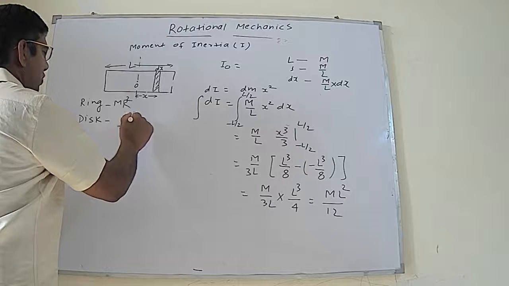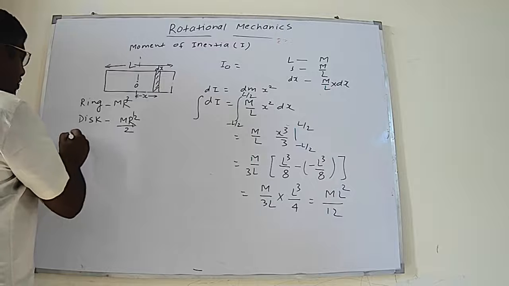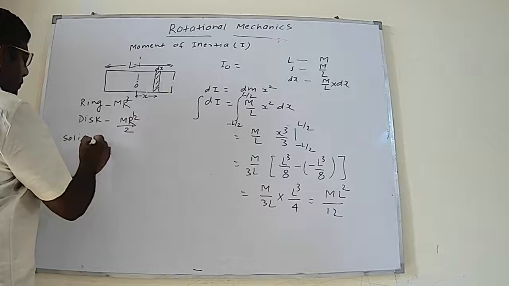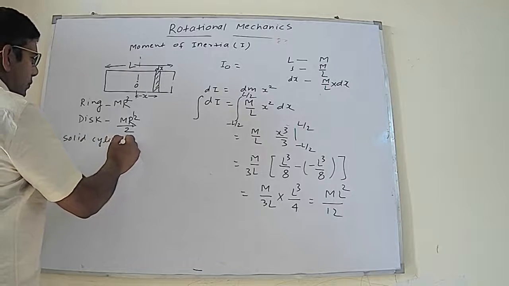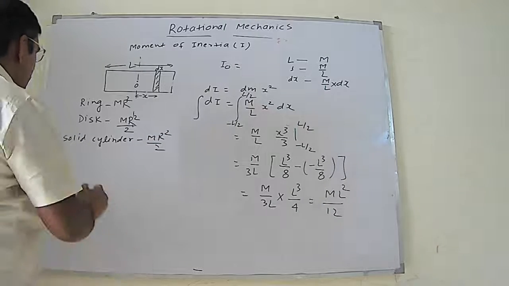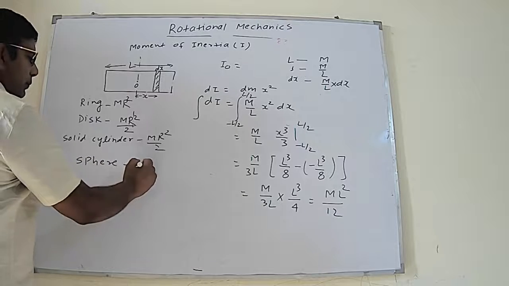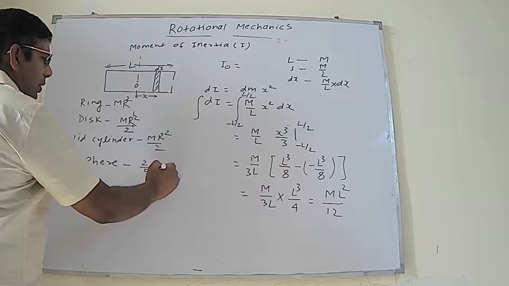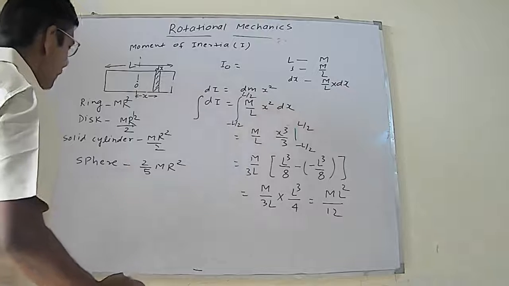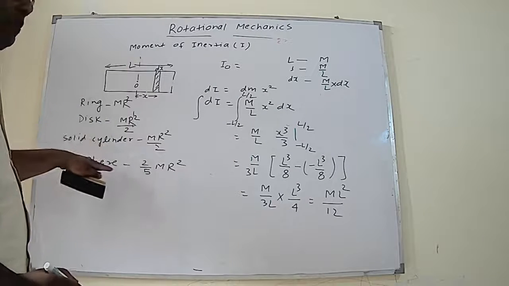For the disk it is mr square by 2. Then we have the solid cylinder, and then the sphere, 2 by 5 mr square. All these things we can derive, right?